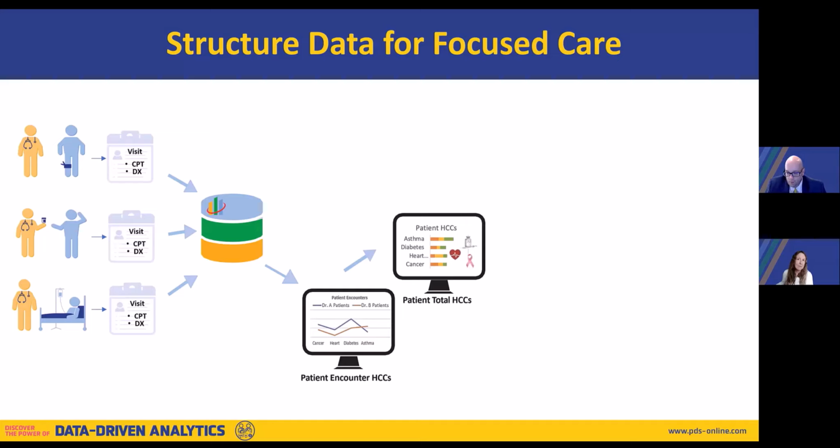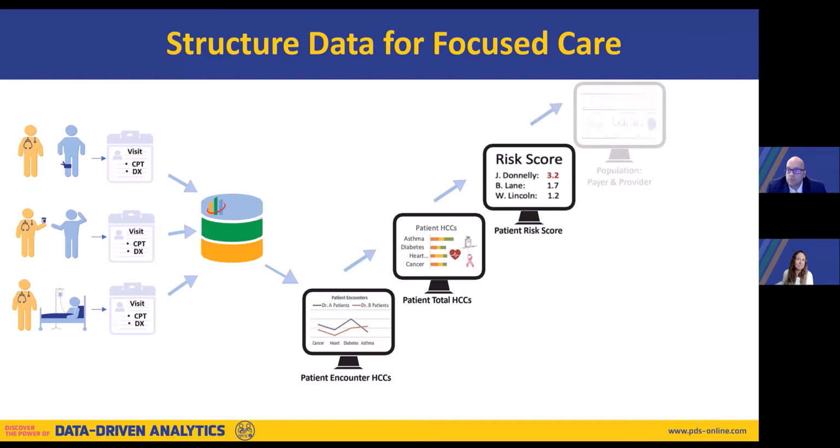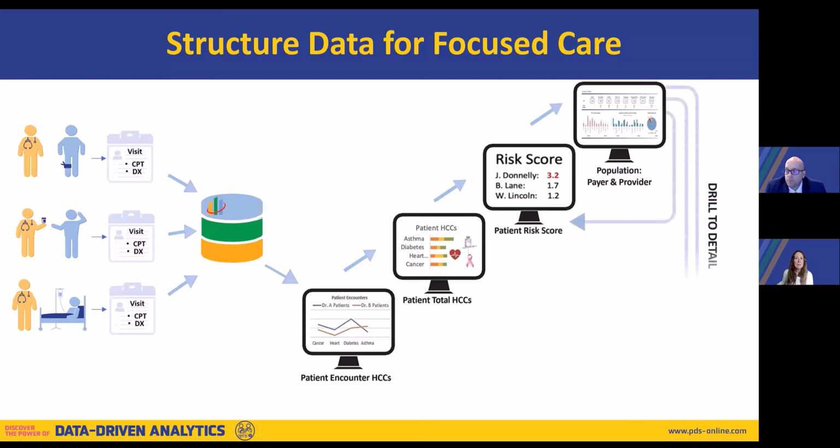As part of that, we'll assign scores for each HCC, and we'll end up with a complete score for that patient. And then we can start to look at the whole population, whether we need to look at it by provider, payer, specialty. And then we can start to see what those patients have had in the past, and what we need to treat them for going forward.